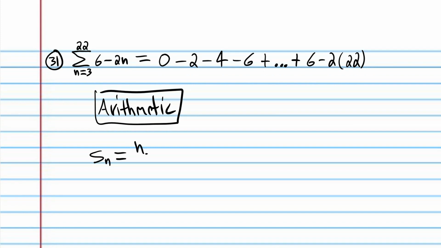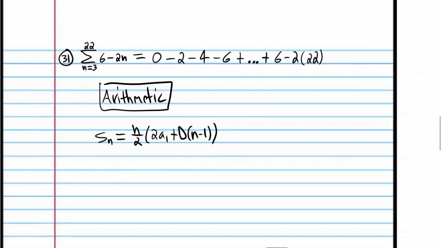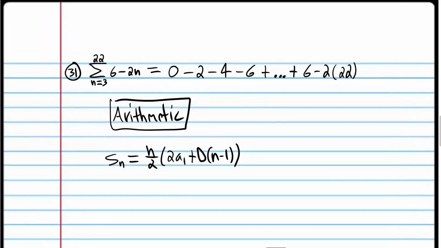We're going to use the same formula for the sum of the first n terms of an arithmetic sequence. The question is, what is n going to be? Well, it depends. Are you going to make 0 the first term, or are you going to make -2 the first term? You can decide. I always make 0 the first term. Now, if 0 is the first term and n were equal to 1 in the lower bound, then there would be 22 terms.